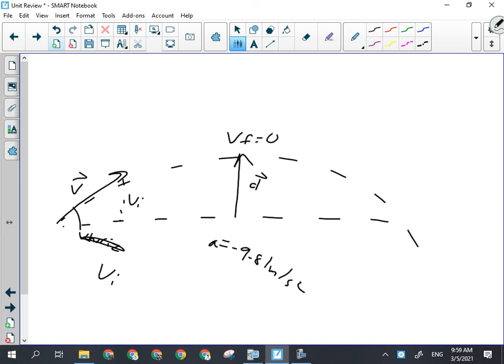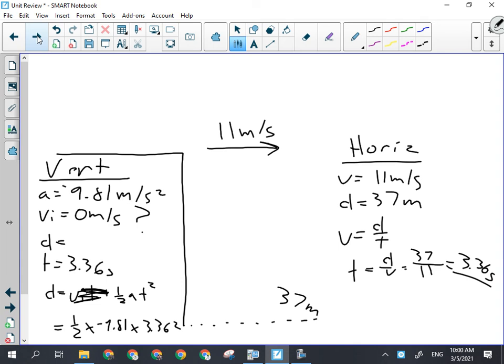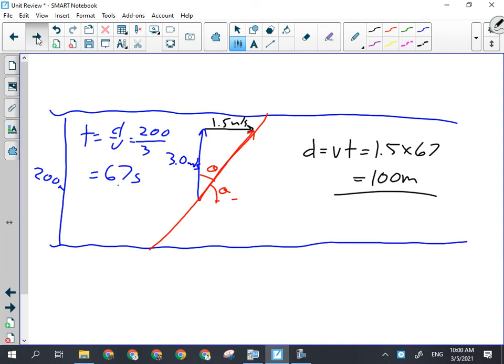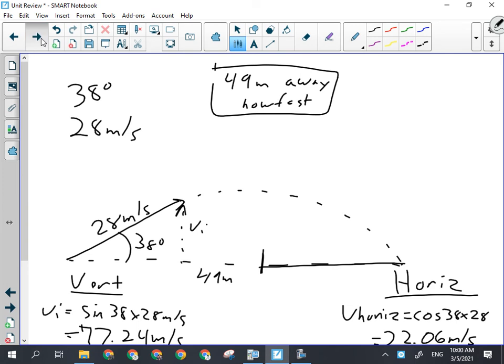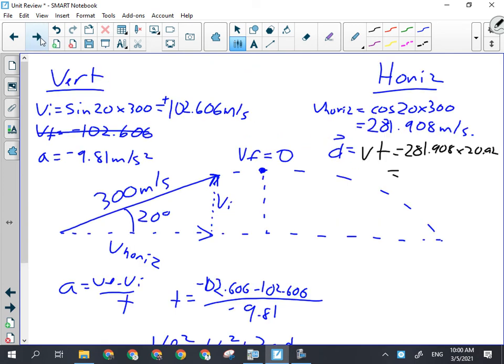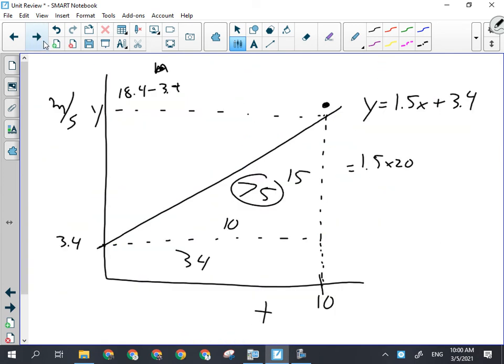Okay, what else? Acceleration problem? Okay. Nobody asked for one of those. I always keep everything everybody asks, just in case it comes up again.